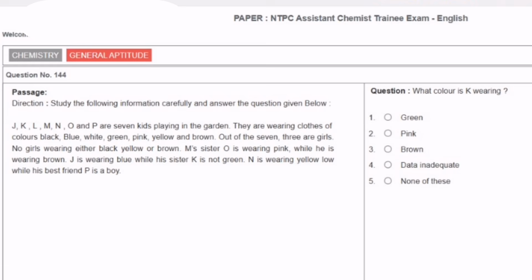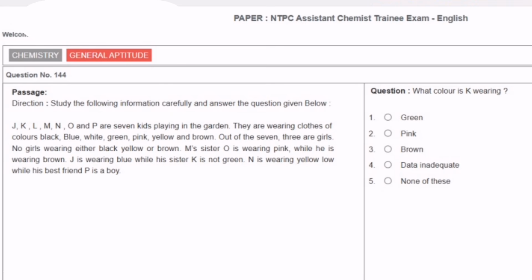Next question. Study the following information carefully and answer the question given below. J, K, L, M, N, O and P are 7 kids playing in the garden. They are wearing clothes of colors black, blue, white, green, pink, yellow and brown. Out of these 7, 3 are girls. No girls are wearing black, yellow or brown.